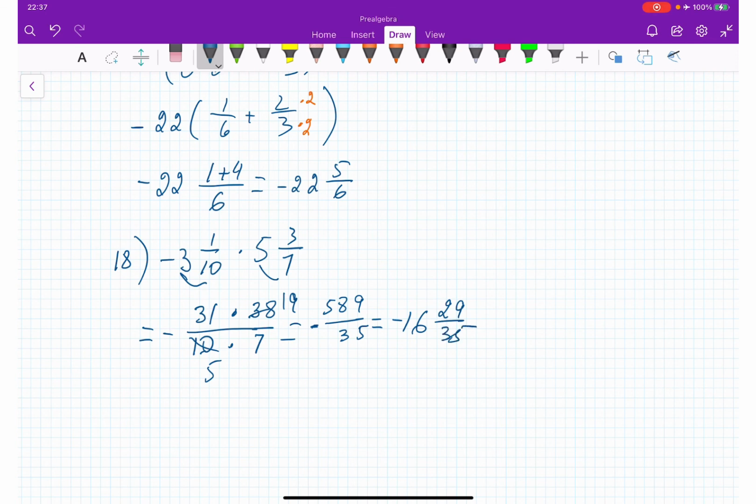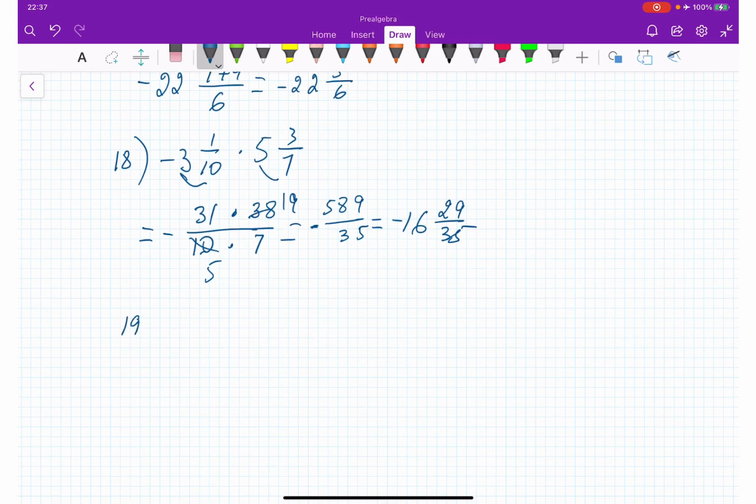All right, question number 19. So we have 2 and 7 over 13 plus 3 plus 5 and 10 over 39. This 3 I can add either from the very beginning, either to 2 or 5.